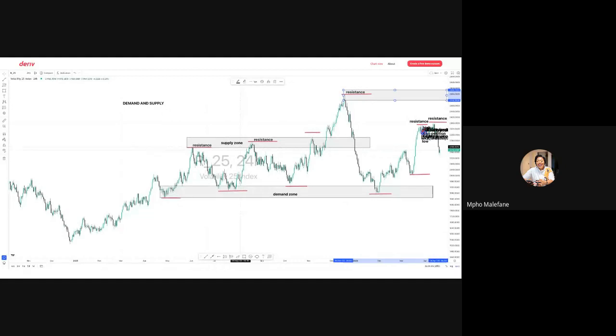That's why it's good to use the zone rather than the resistance and support. So now, like I said, this leads us to the second law of demand and supply. I'll be using story mode.